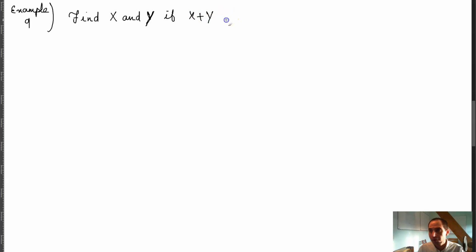Suppose that you have some matrices X and Y you want to find, if X plus Y is equal to 5, 2, 0, 9, and X minus Y is equal to 3, 6, 0, and negative 1.